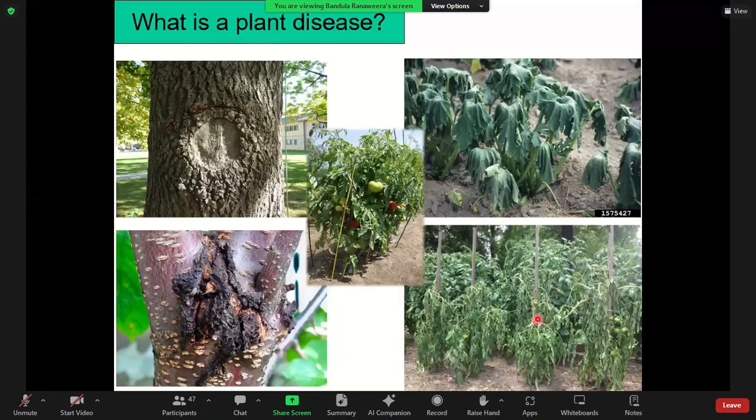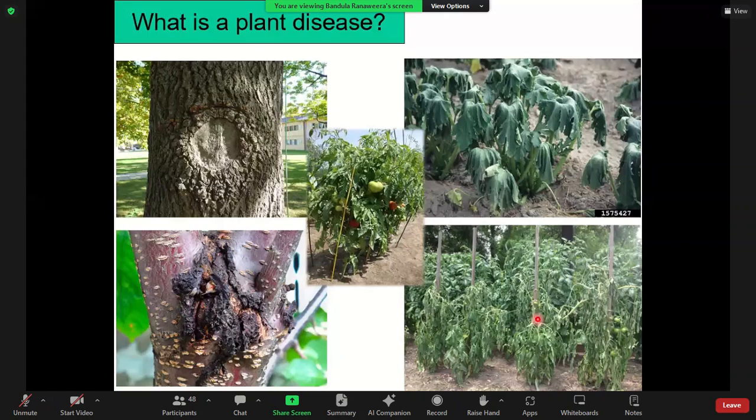So it is a deviation from normal conditions due to a reason, a factor.